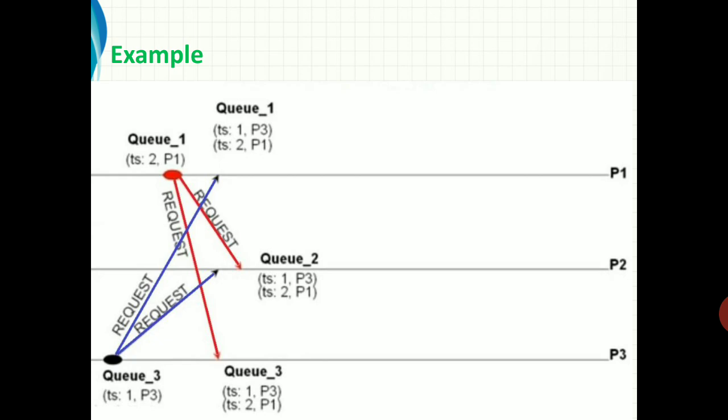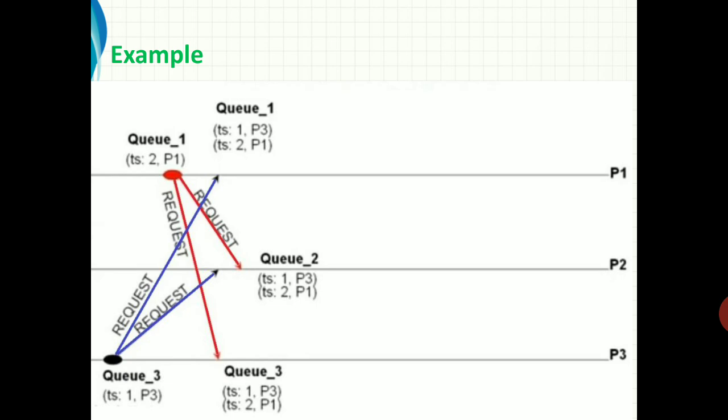That is, P3 sends the request message to all other sites in the system. At the time of sending the request, process 3 queues up its request message in queue 3. It contains the timestamp and also the process number.